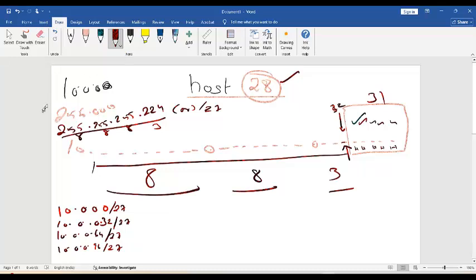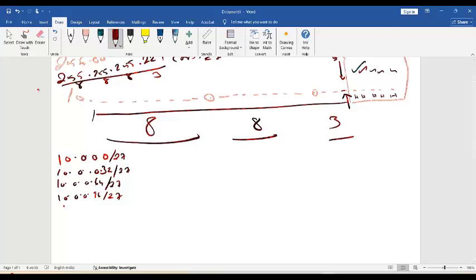It goes like this. I don't want you to write thousands of subnets. Just write the first 4 and the last 4. It's 128, right? Okay. The last 4: 10.255.255.224, we don't use because it is all ones. When you go from the bottom, you need to decrement.